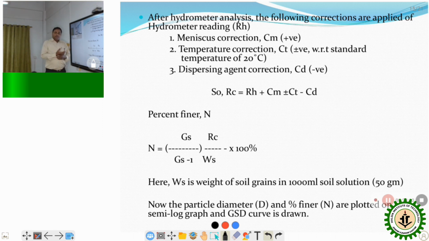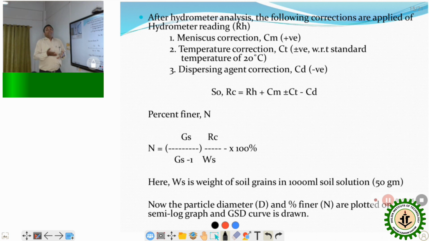But our target or objective is to make the suspension in such a way that each and every solid particle will settle down individually. That's why we have to add this dispersing agent.